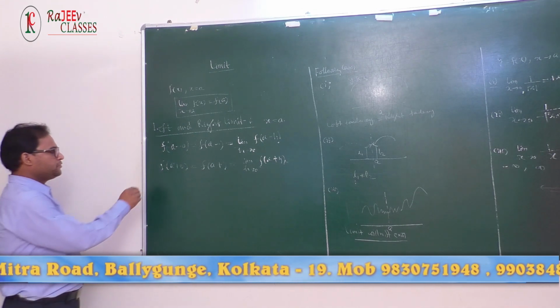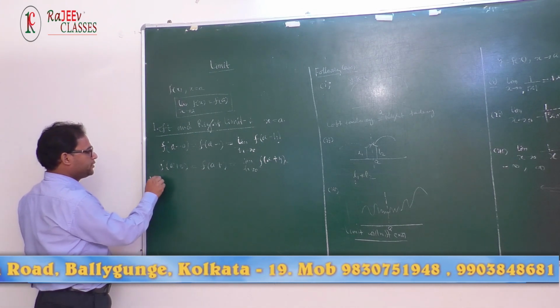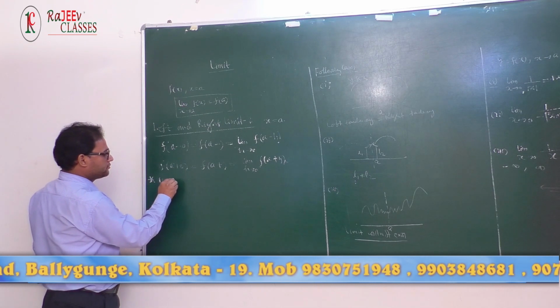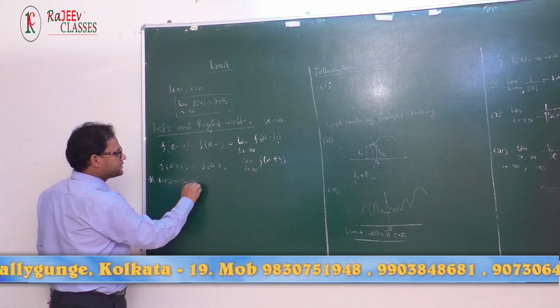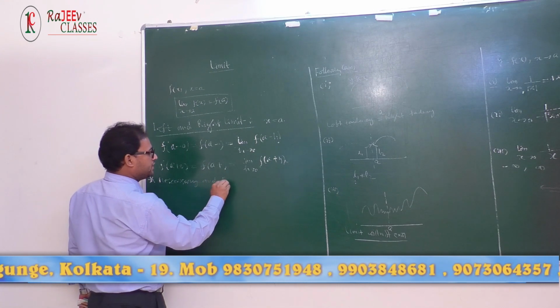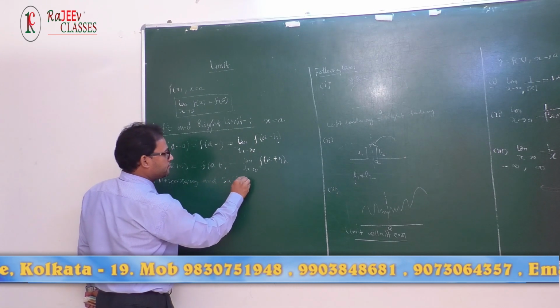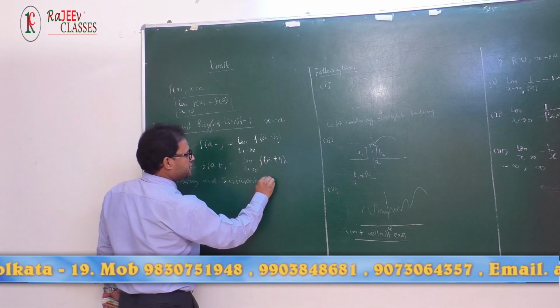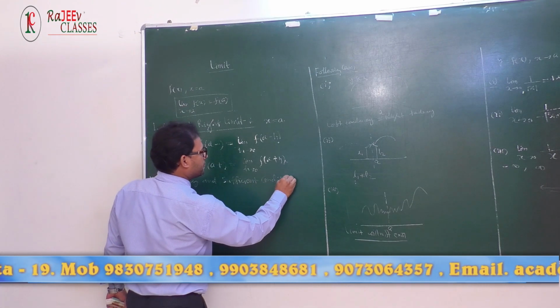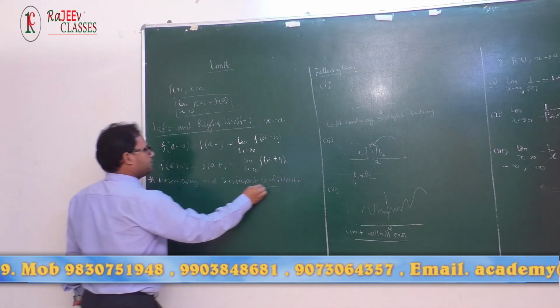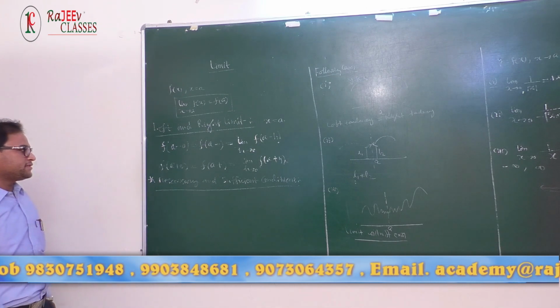Now we will see one important criterion, that is called the necessary and sufficient condition for the existence of the limit.